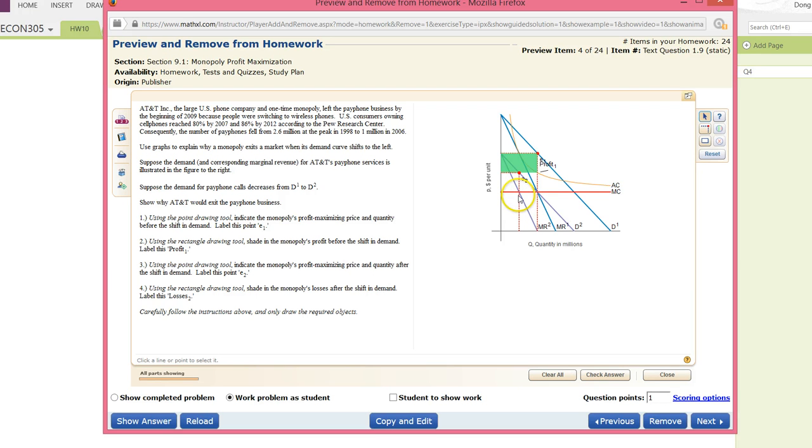And again, by the same reasoning, we can also determine the profit or loss after the shrinkage of the demand. The vertical distance between this equilibrium point and the AC shows that now the AC actually lies above this price. That's why the monopoly is making a loss rather than making a profit.